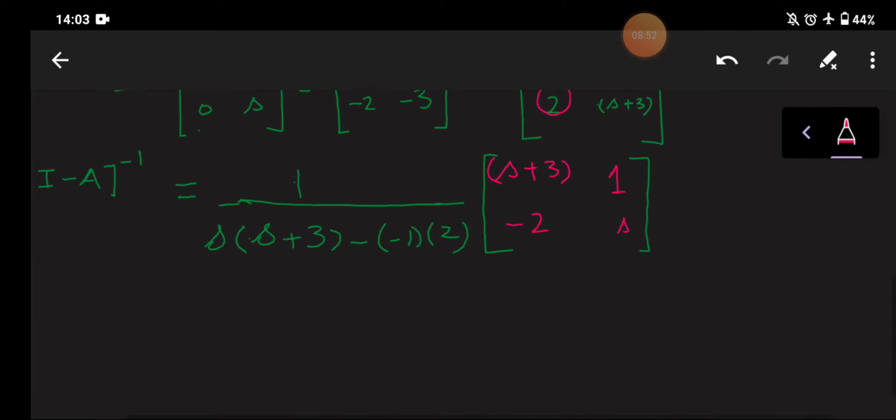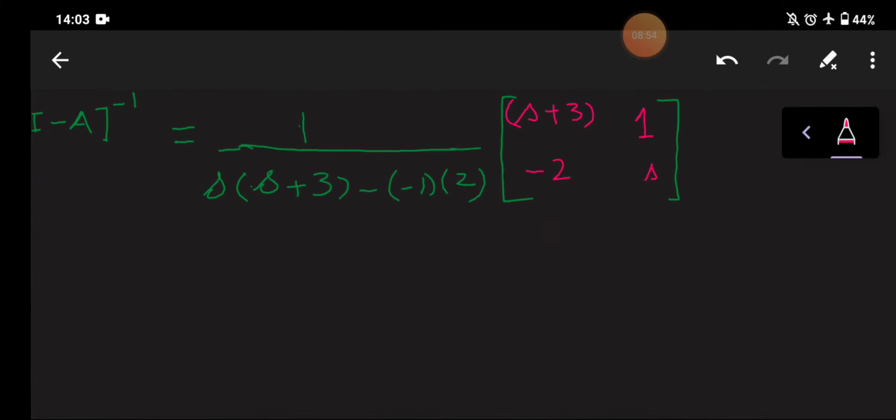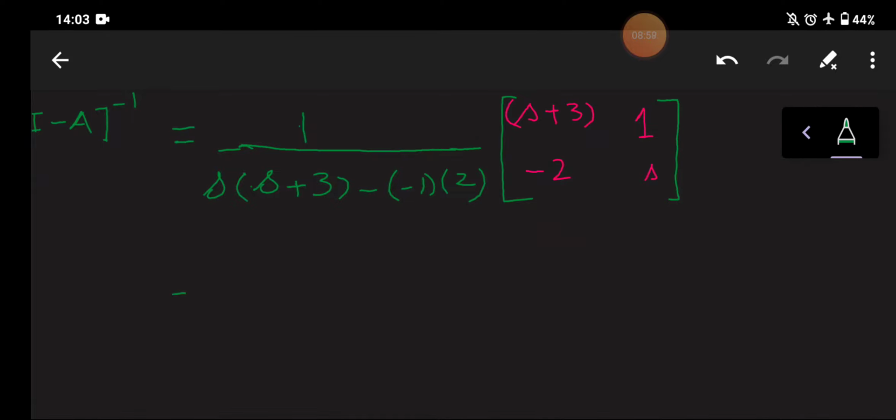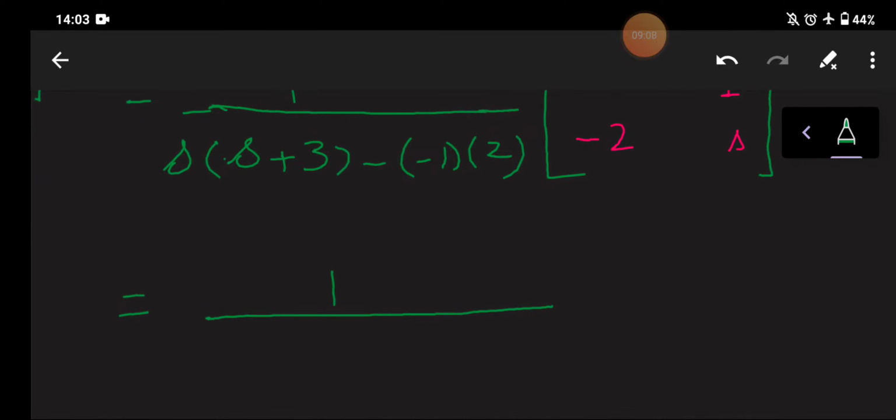Okay, so I'm writing it as, after simplifying, it will become 1 divided by S square plus 3S plus 2, S square plus 3S plus 2.